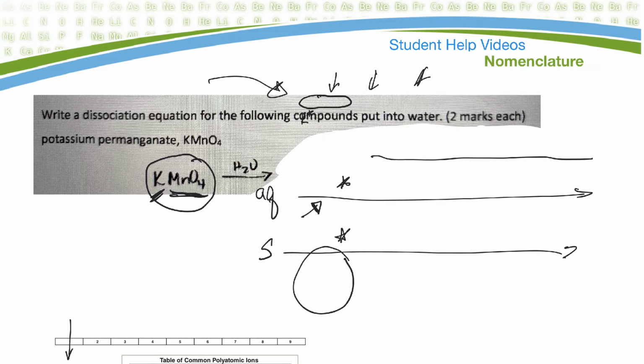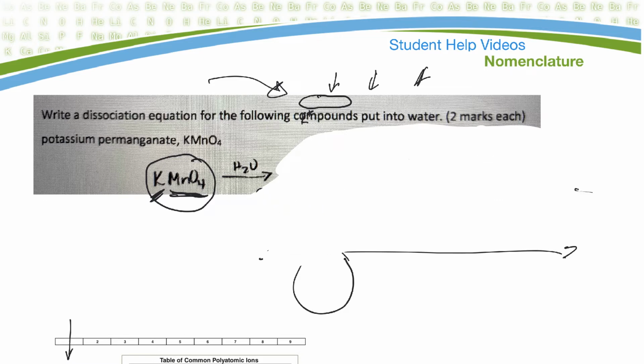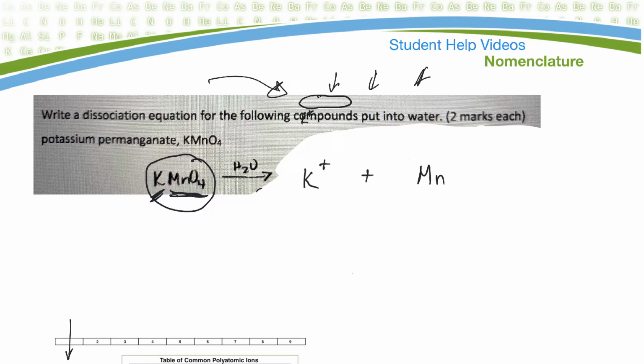So let me erase my little messing up that I did there. So it'll dissociate. I'll just get an eraser. Here we go. So if it'll dissociate, then I break it into its ions. Now, one question might be, well, this one, why do you break it into potassium ions and permanganate ions?